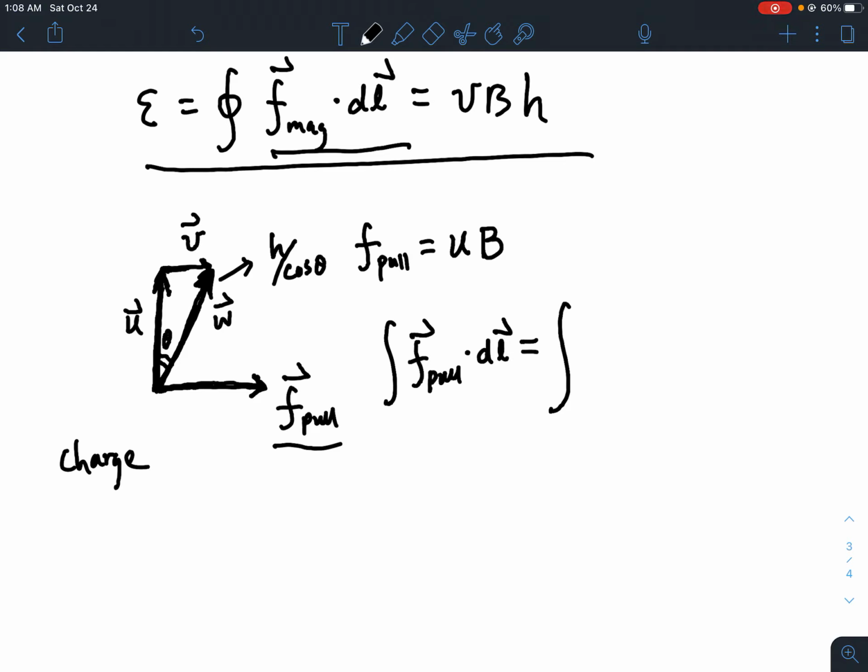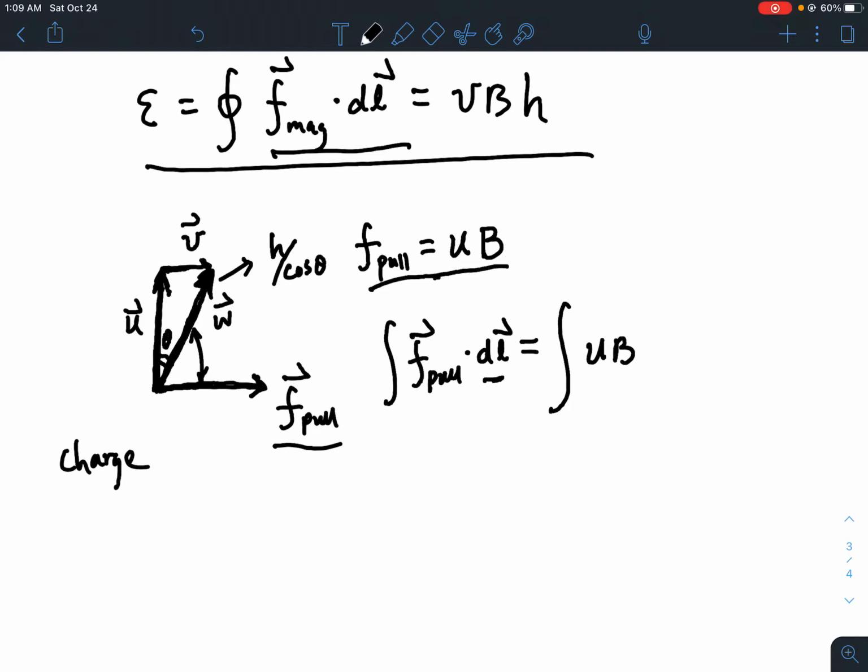If the theta angle is here, then we do the dot product between this F direction and this dl direction. So this really gives us u B, which is the force size.